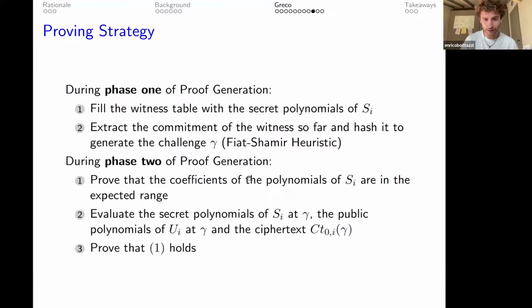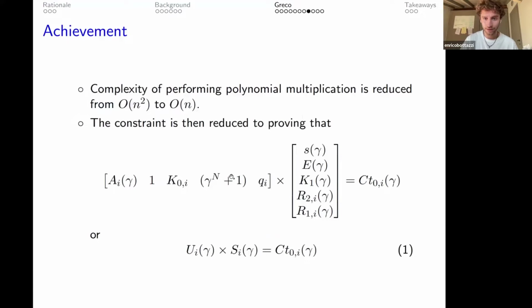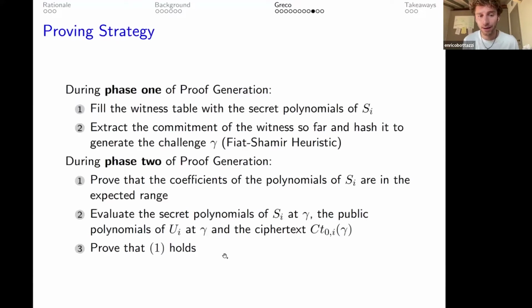In the second phase, of course, we prove that the coefficients of these polynomials in Si are in an expected range. Then we evaluate everything at gamma based on this expression, and we prove that this relation holds. The key here is that all the secret polynomials must be filled in the witness table during phase one, because this is how Fiat-Shamir works.